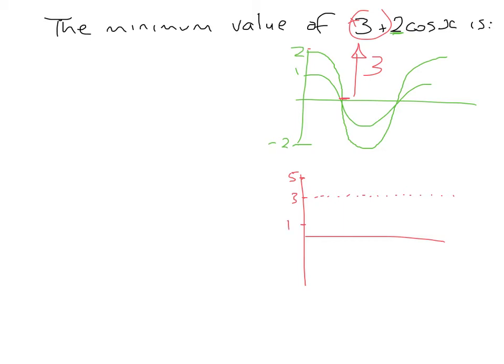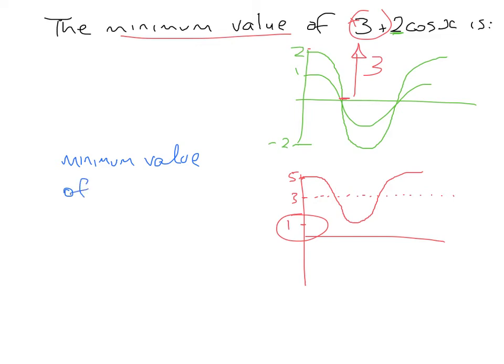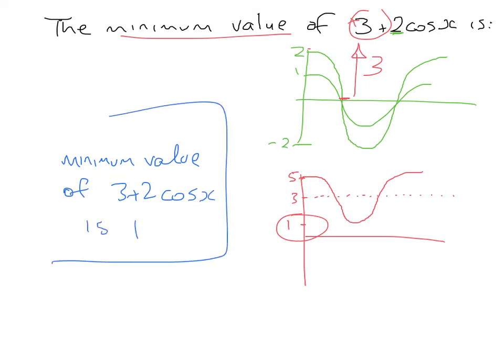So this particular function is going to look something like this. So the minimum value of 3 + 2 cos x is 1. Okay, and that's your answer. Let's move to the next question.